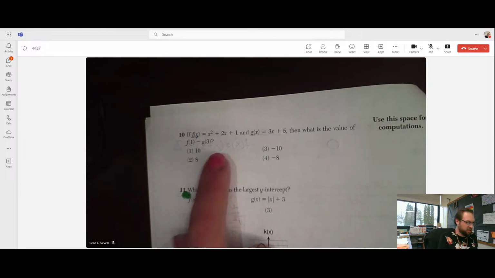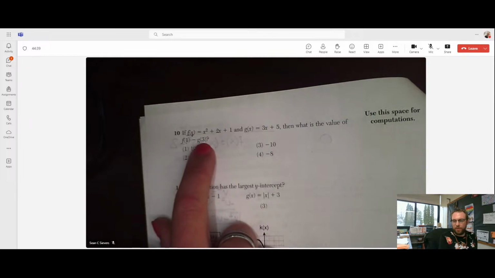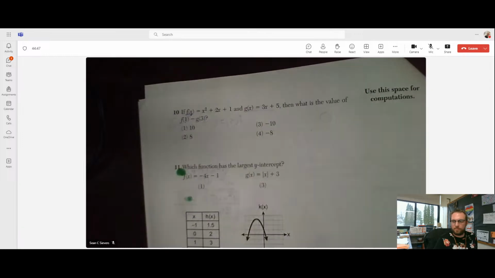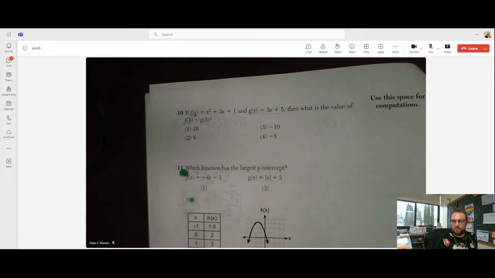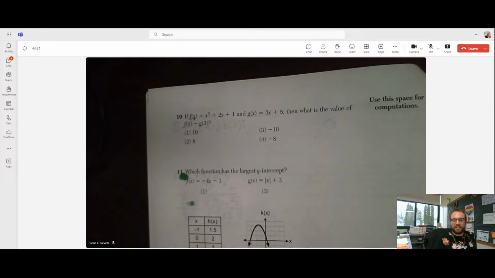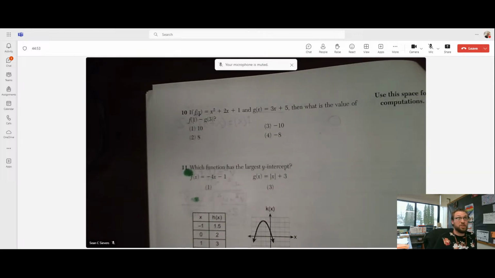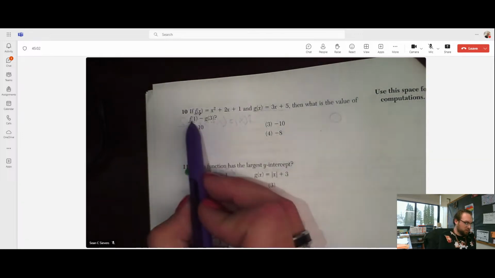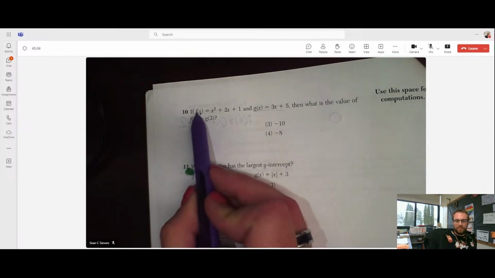What am I going to do with the 1 and the 3 that are inside of the parentheses of our functions? This is thinking back to, I think it was unit 3, so it was a while ago. Think about what the 1 replaced in f of x.